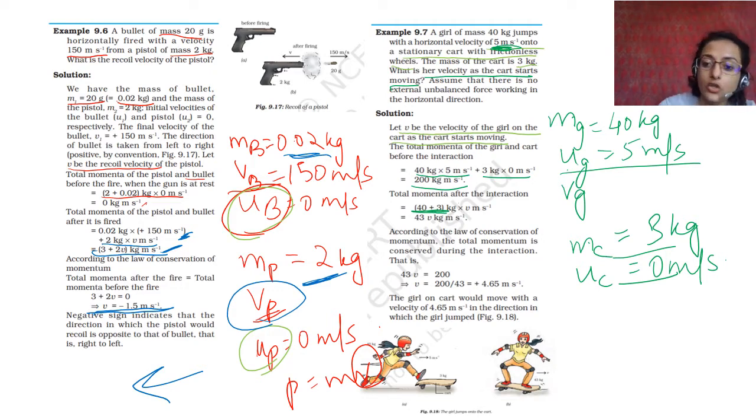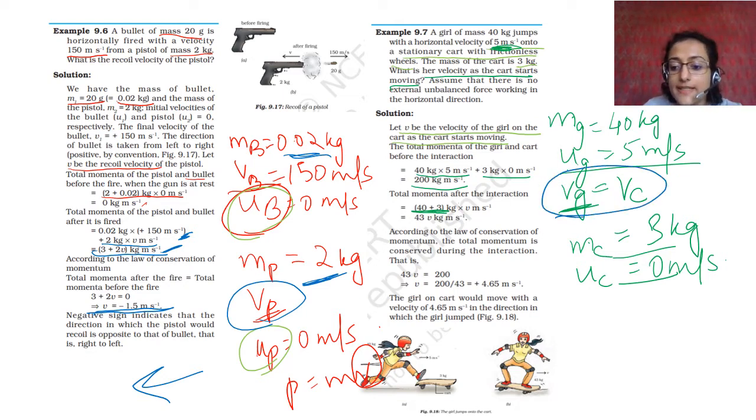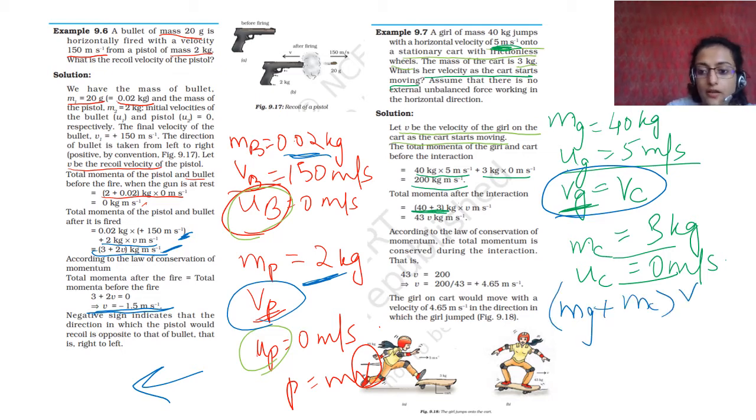So when you talk about vg, it will be equal to vc, है ना. The final velocity of the cart and the final velocity of the girl is the same. So when we talk about the final momentum, we talk about mg plus mc into v, because v is the same.